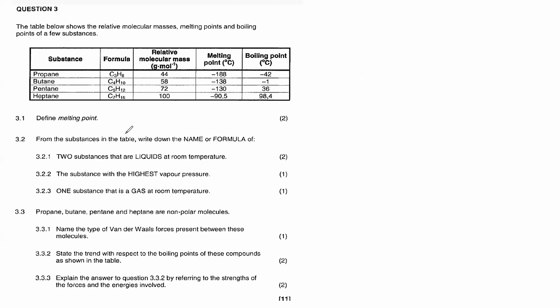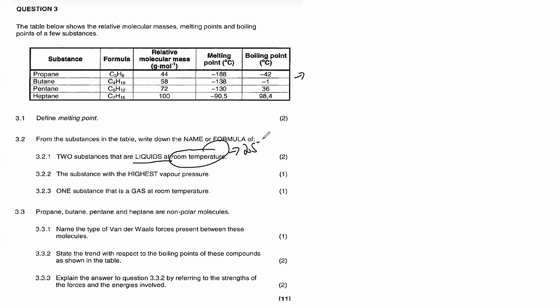3.2 says from the substance in the table, write the name or formula of two substances that are liquids at room temperature. Now, we've already discussed a similar question. Every time we are looking for substances that are liquids at room temperature, we look at the boiling point. What is room temperature?